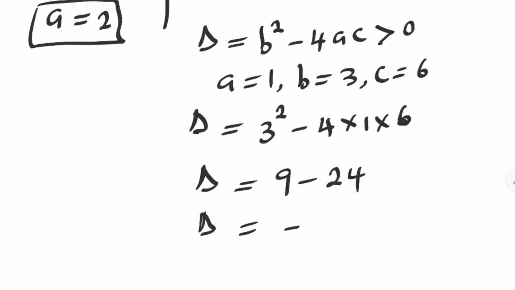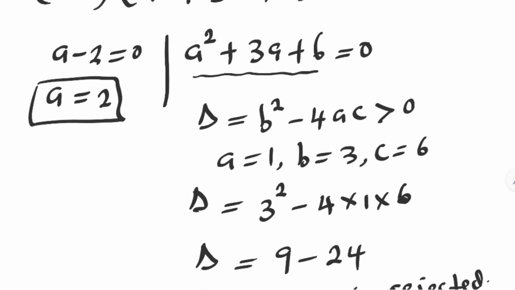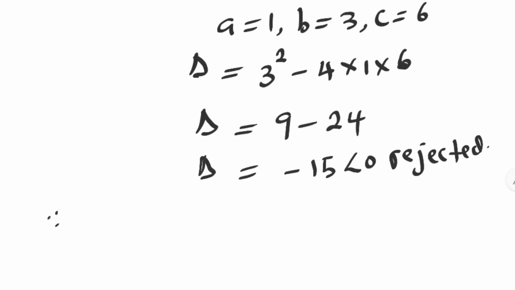This is minus 15, which is less than 0. Then this is rejected. And remember, we said b must be a member of real number. So therefore, the only real solution we have for a is equal to 2. Now we can now solve this.